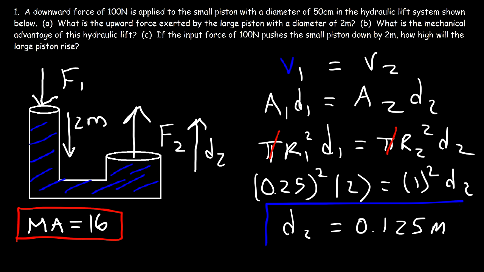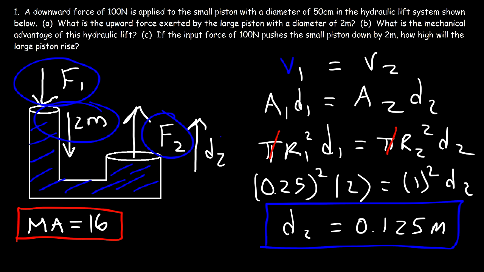So what does this mean? It means that there's no such thing as a free lunch. The machine didn't multiply our force by a factor of 16 from nothing. There was a cost, there was a price to pay. Notice that the small force is associated with a longer distance, and the large force is associated with a smaller distance.